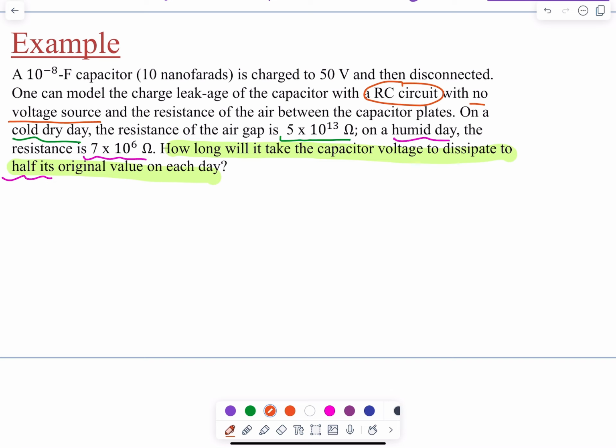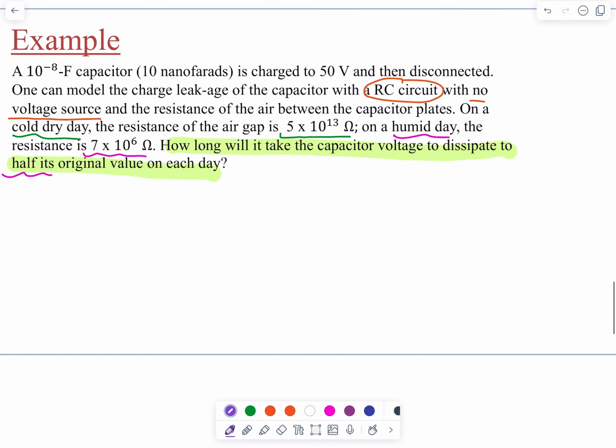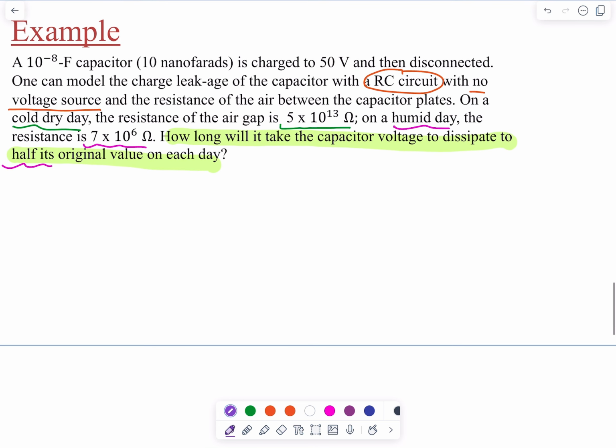So let's go ahead and write our equation for our voltage of our RC circuit. And we take a look at that differential equation that we used Kirchhoff's voltage law, and we came up with E of t is equal to Ri plus Q over C. And then we said that the capacitor current is the rate of change of its charge.